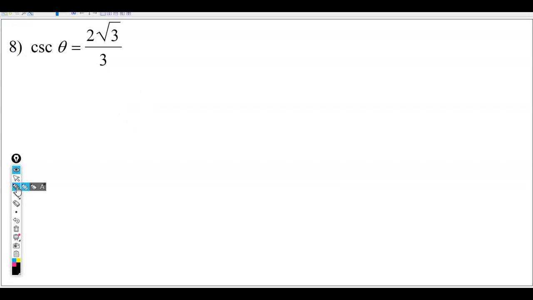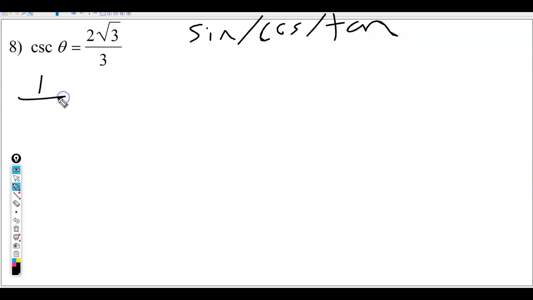The reason is that our unit circle only tells us things about sine, cosine, and tangent. It doesn't tell us anything about the other 3 trigonometric ratios. Cosecant is the reciprocal of sine, so I'm going to replace this with 1 over sine theta.